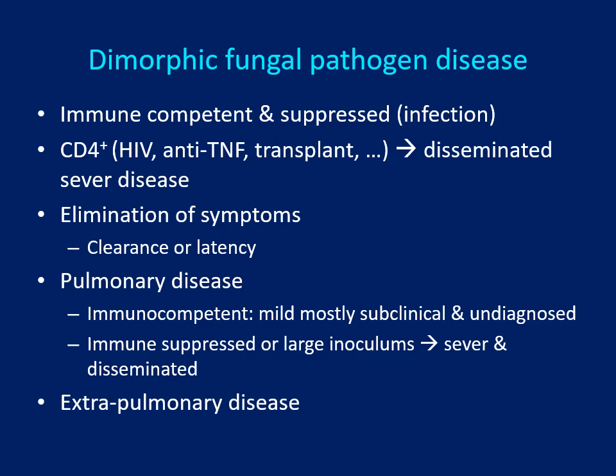The pathogenesis and the disease spectrum depend upon whether the infected person is immunocompetent or immunosuppressed. In advanced HIV patients, those on anti-tumor necrosis factor treatment, or transplant patients, a disseminated severe form may occur. Elimination of symptoms means either you're going to have a clearance of the fungus or you're going to have a latency there.